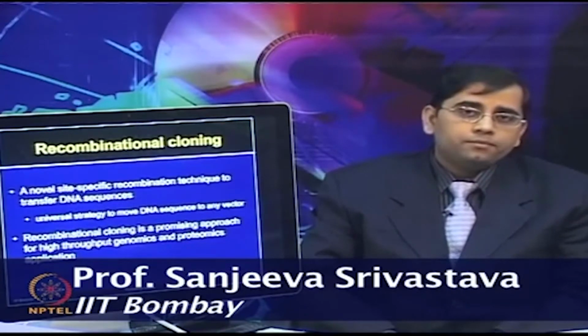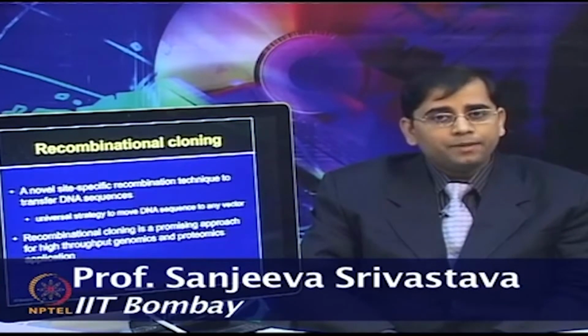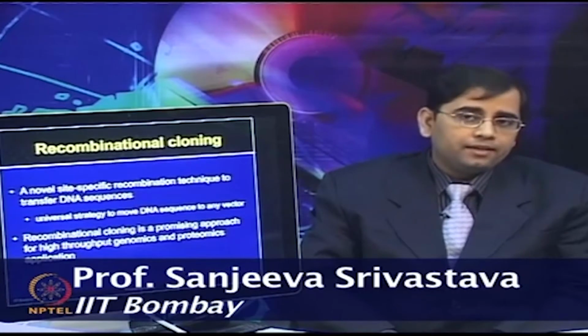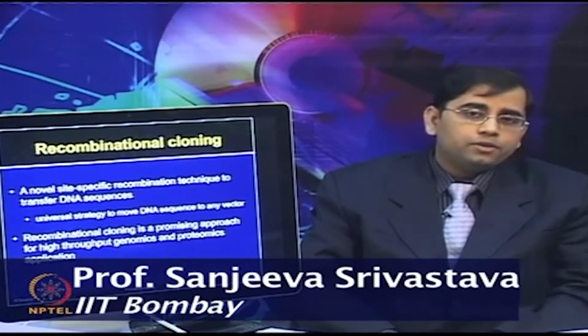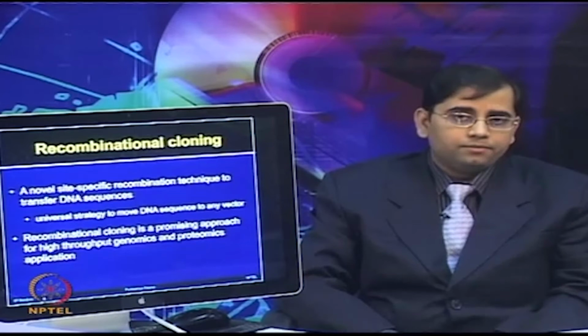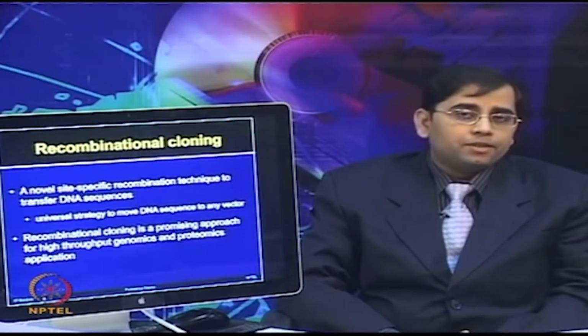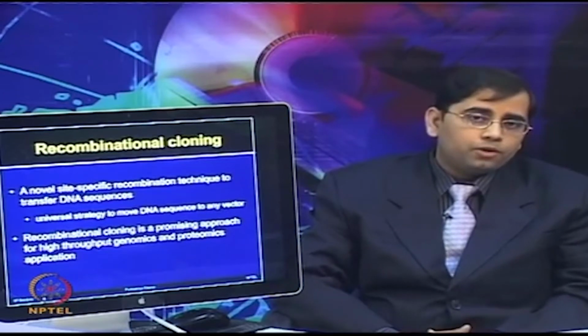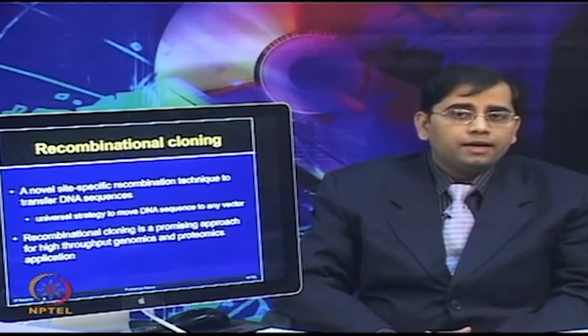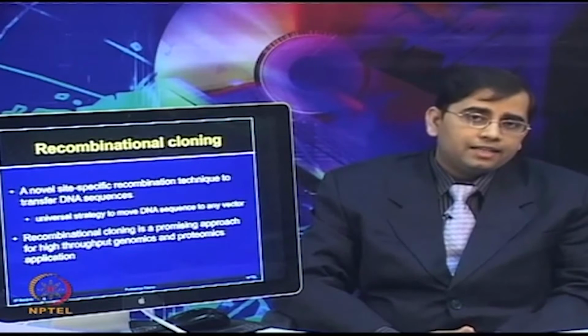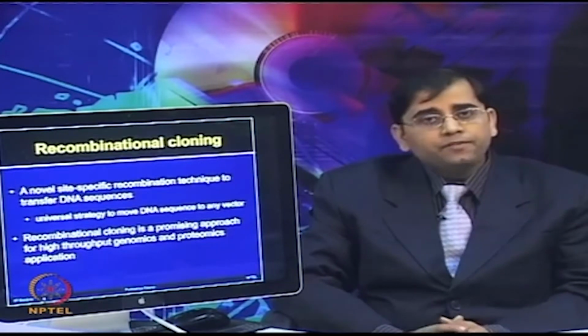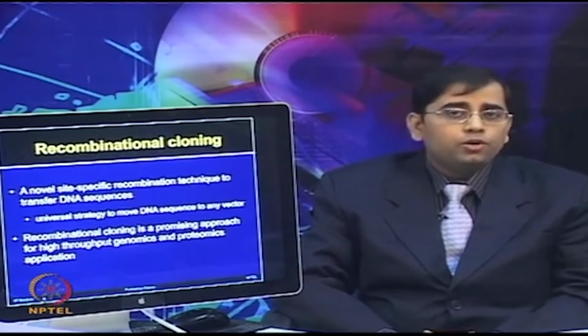As I mentioned, recombinational cloning is a novel site-specific recombination technique which is used to transfer DNA sequences. The specific recombinase enzymes cleave the DNA backbone and carry out interchange of DNA helices between specific sites on two different molecules.